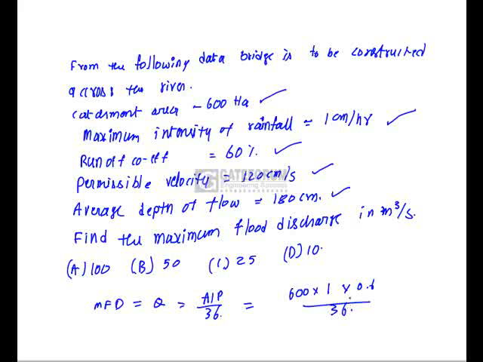As it is an empirical formula, this 36 is a conversion factor into SI units, since the inputs are in centimeters per hour and hectares. The equation will give the value in cubic meters per second, that is 10 cubic meters per second. Option D is correct.